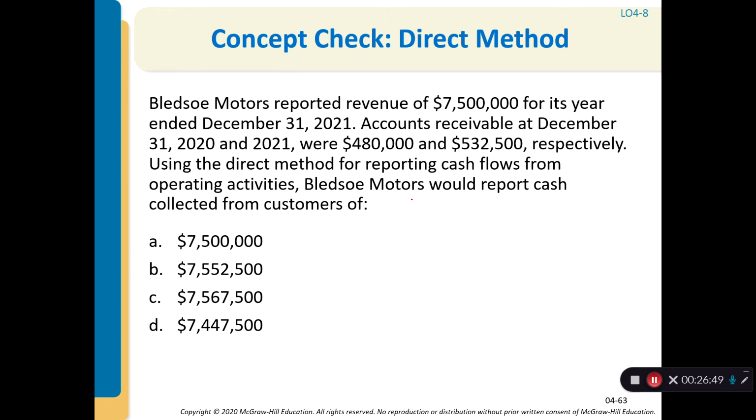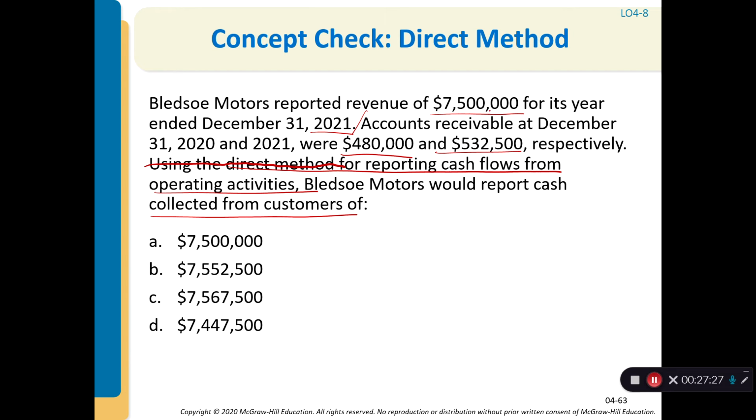And concept check 2. Let's calculate this. Bledsoe Models reported revenue of 7.5 million for its year ending in 2021. Accounts receivable at the end of year 2020 and year 2021 were 480,000 and 532,000 respectively. Using the direct method for reporting cash flow from operating activities, Bledsoe Models would report cash collected from customers. So in other words, I believe you can ignore this.